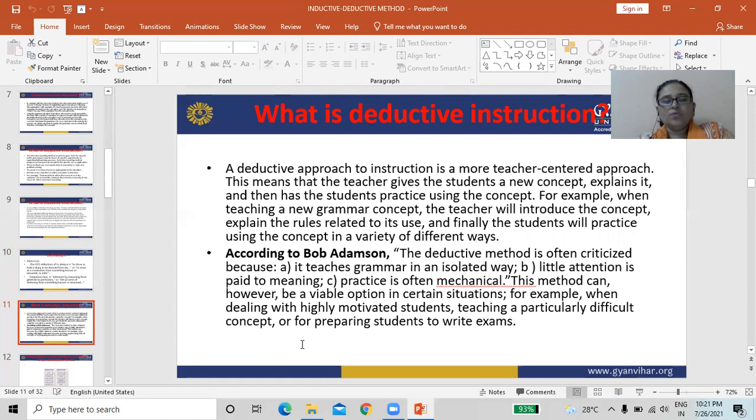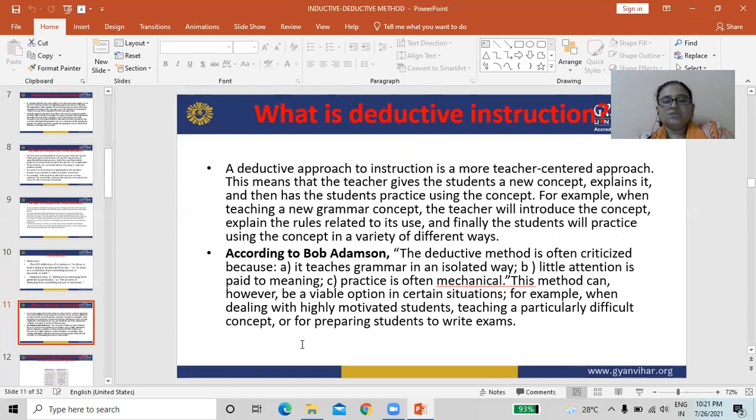According to Boom Adamson, the deductive method is often criticized because it teaches grammar in an isolated way. Little attention is paid to meaning.